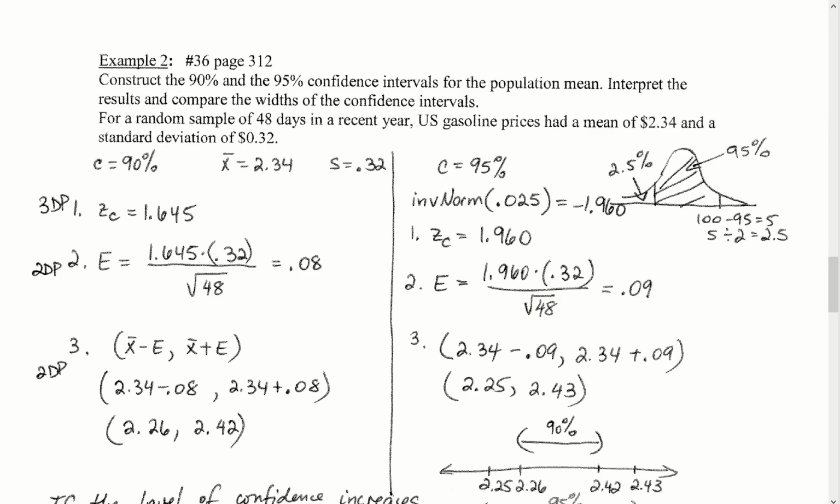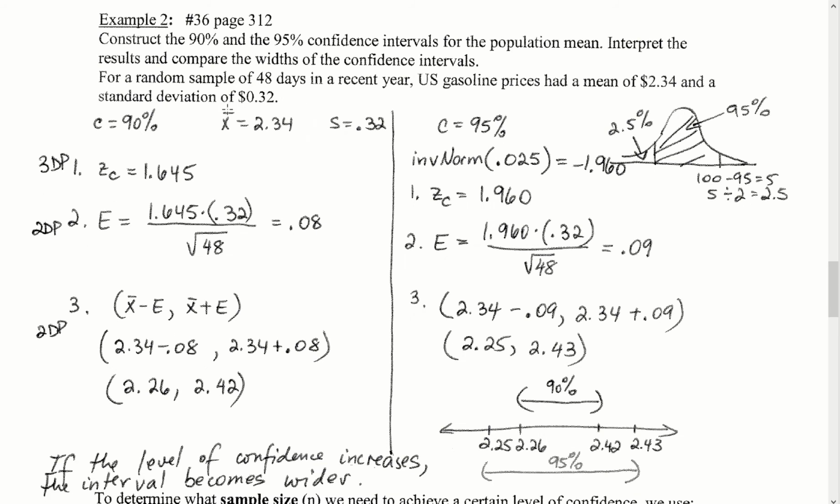Let's do another example of this. In example 2, we're going to construct two different confidence intervals. We're going to do one for 90% and another for the 95% confidence interval for the population mean in the following situation. Suppose we take a random sample of 48 days in a year.